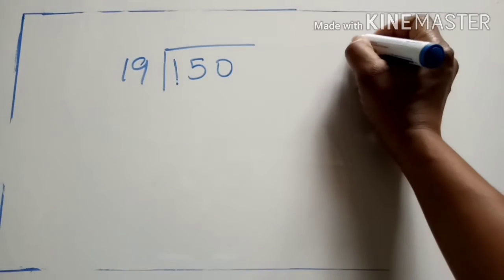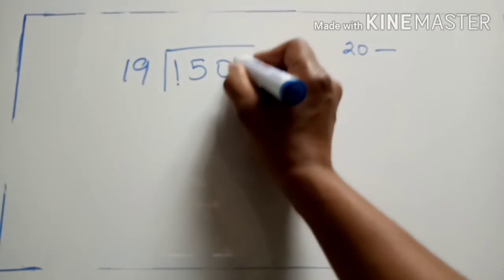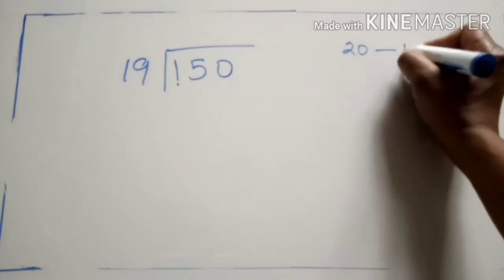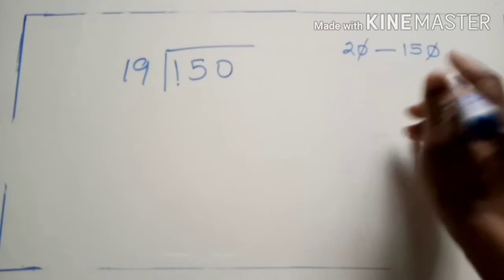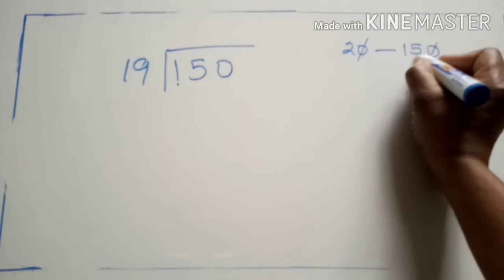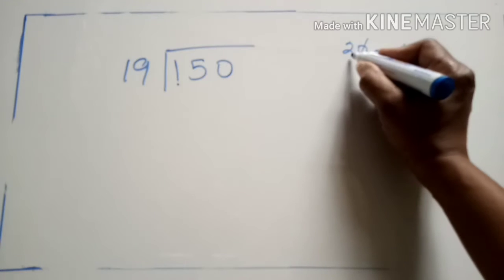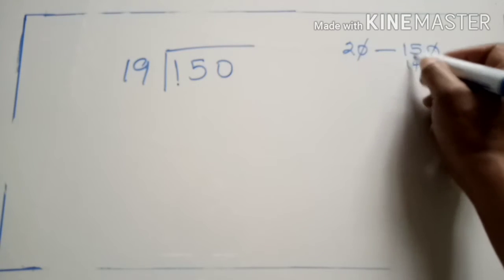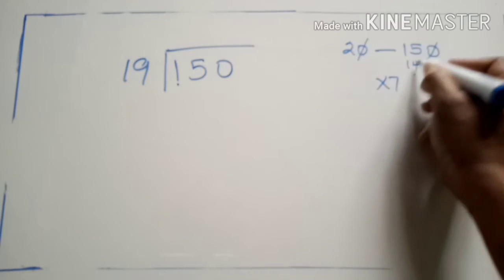19 rounded off to the nearest tens is 20. Now 150, because already we have a 0 at the end, we can take it as it is. So the zeros will cancel out. Now 15 is not a multiple of 2. So which number would be a multiple of 2? So this is 14. Change 15 to 14 because 2 times 7 is 14.